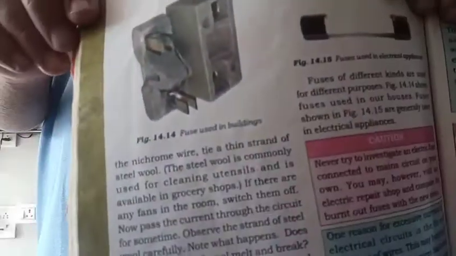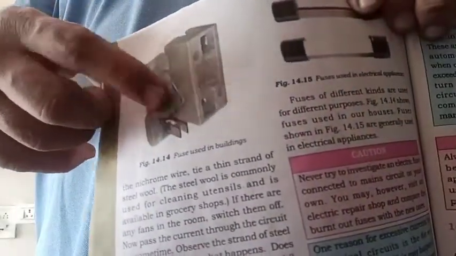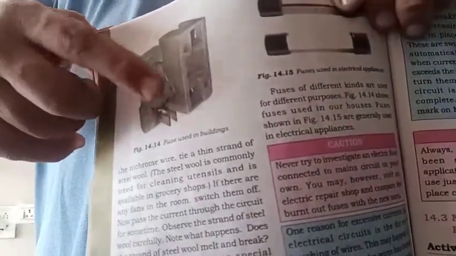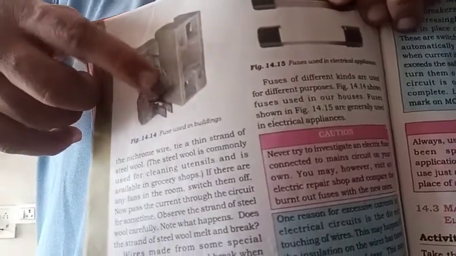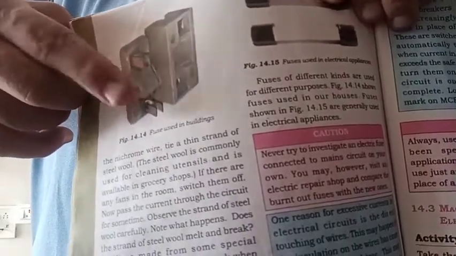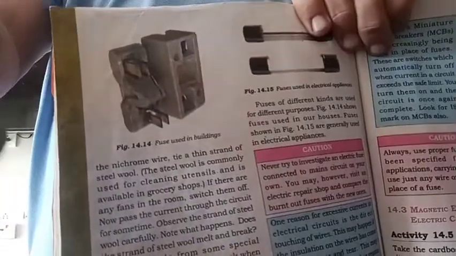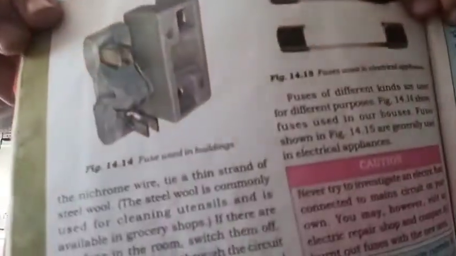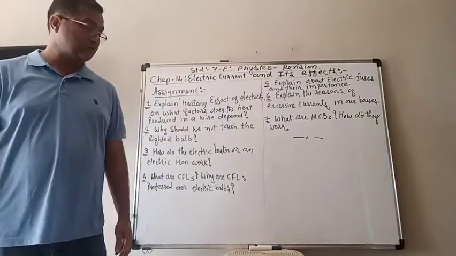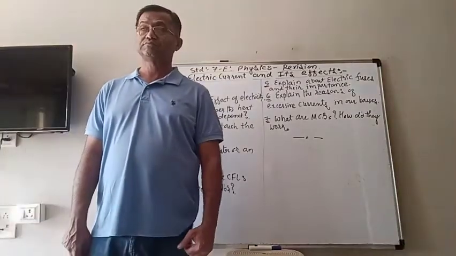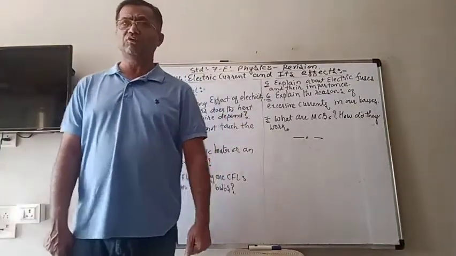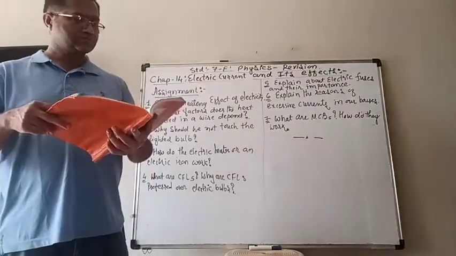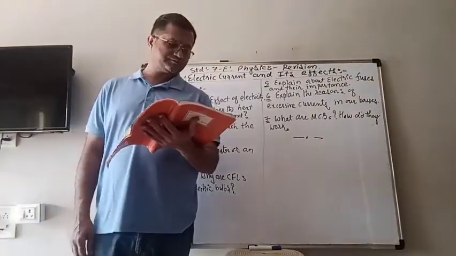You can see that between those two terminals, we have to tie a special type of wire, which is made from a metal such that it melts when excessive heat is there. It means a low melting point wire is used, like a nichrome wire.